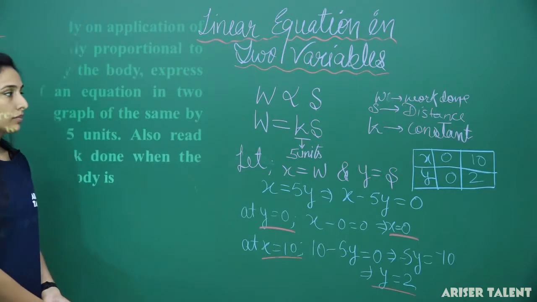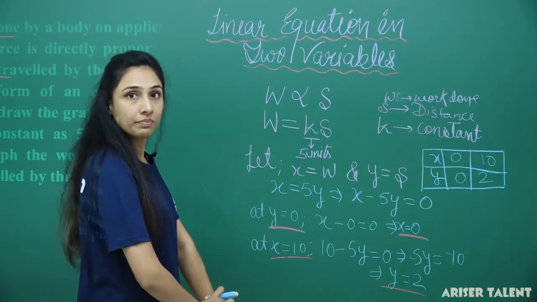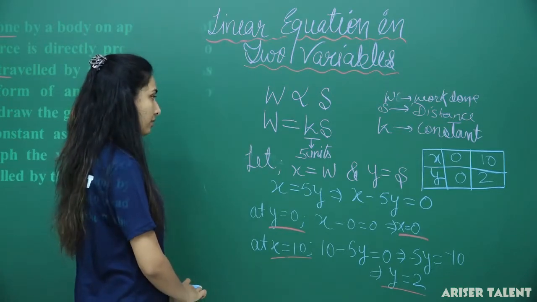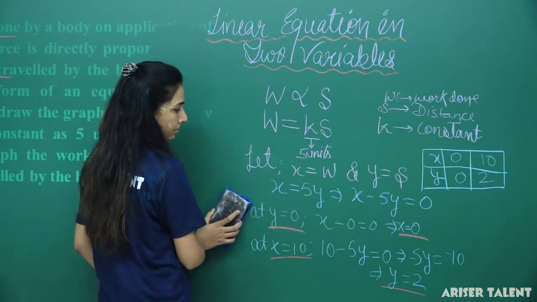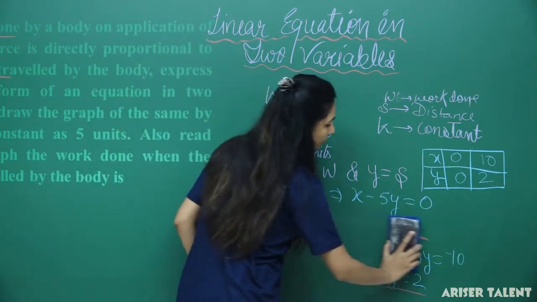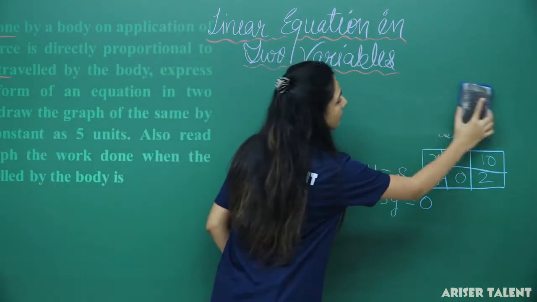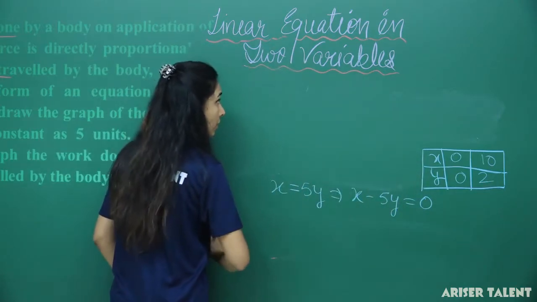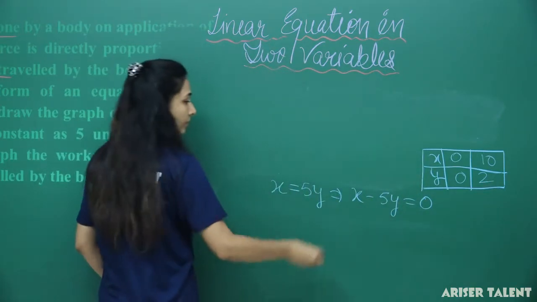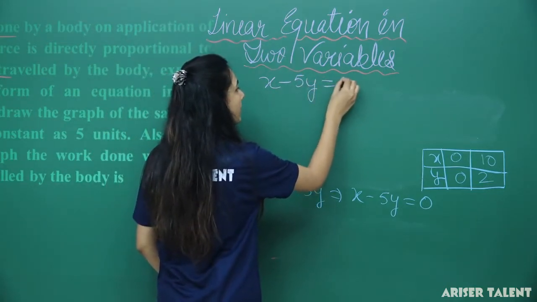Okay, now I have to make the graph by this, right? So this is my equation, x minus 5y equals 0. This is my equation.